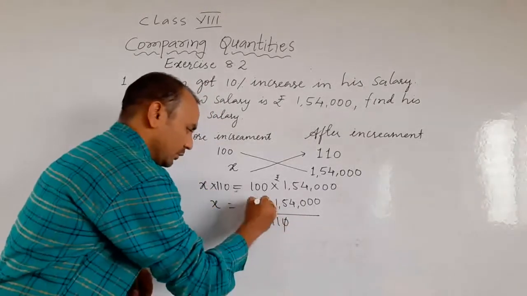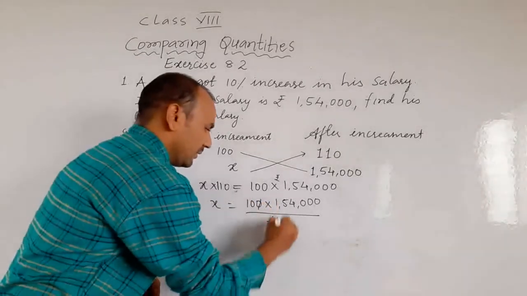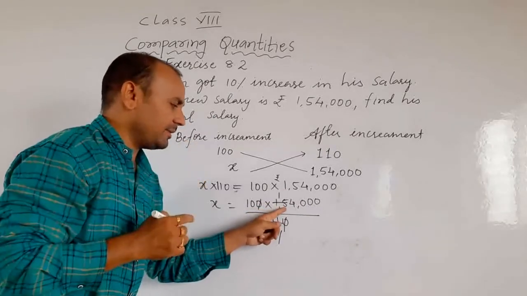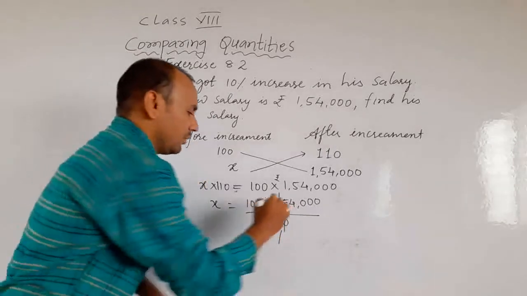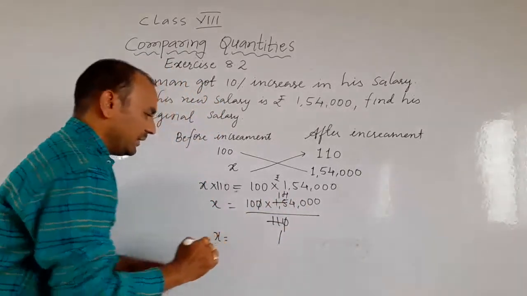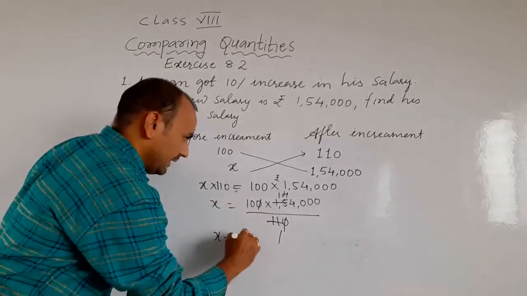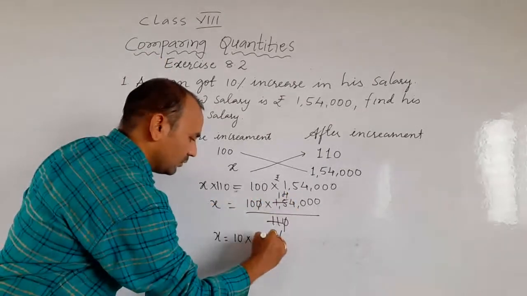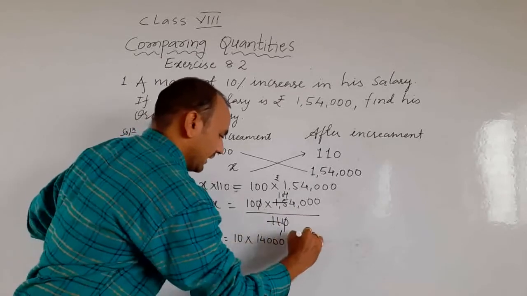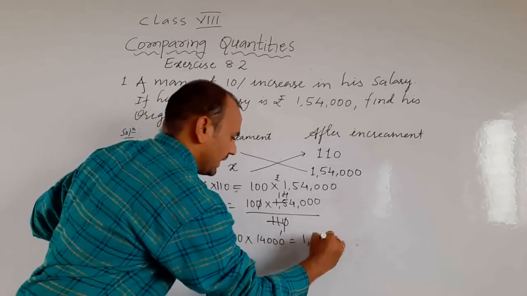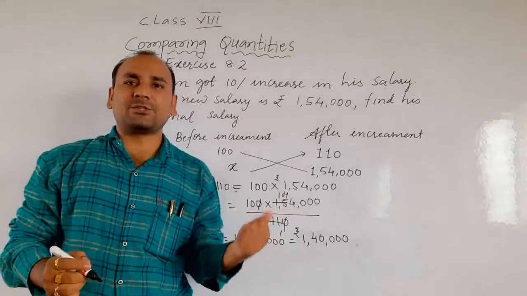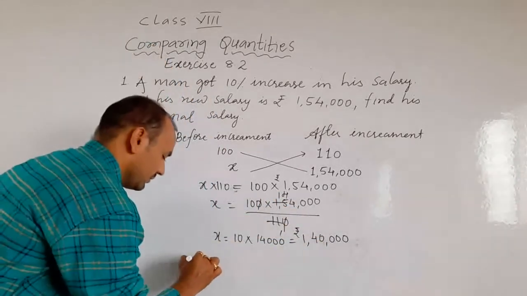Let me cancel the zeros. 11 ones are 11, 11 ones are 11, and 15 minus 11 is 4, so it becomes 44. 11 fours are 44. So x is equal to 10 into 14,000, that is 1,40,000 rupees.